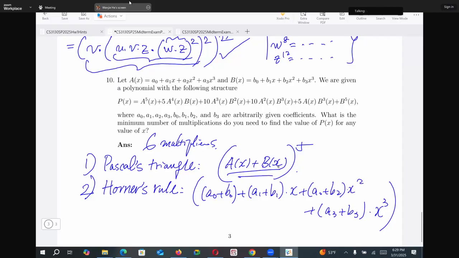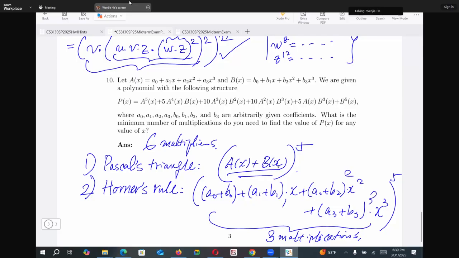Horner's rule. By Horner's rule, this gives you 3 multiplications. But many students gave me 6 multiplications, because 1 here, 2, 3, 1 plus 2 plus 3.